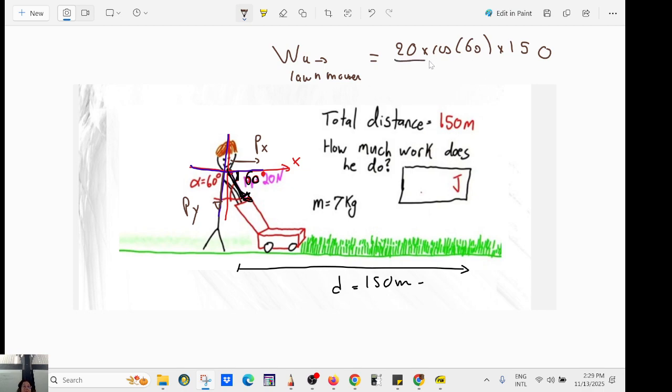So you have to know, if you take the MCAT, by heart, cosine 60 means you divide by 2. So 10 times 150, which is 1500 joule. If there is no friction, that will be equal to the change in kinetic energy. Of course, you're going to have friction.